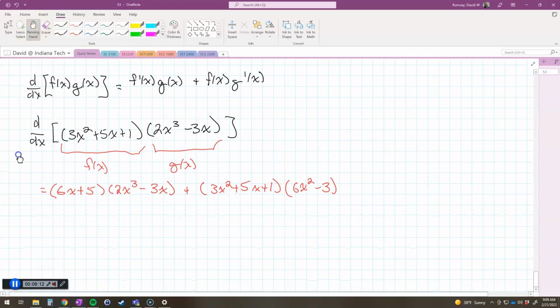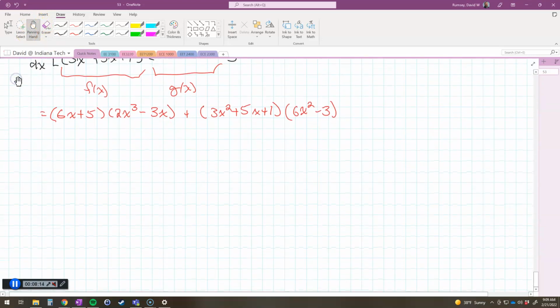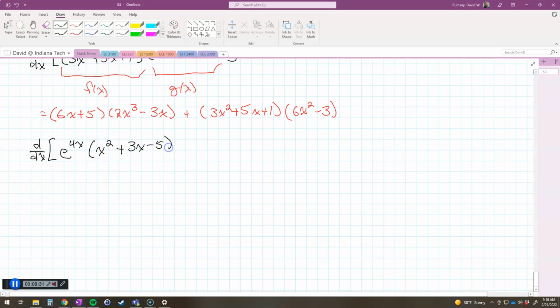But let's look at a couple other examples of the product rule, because the product rule really comes into play when you have something like this, where you have the derivative with respect to x of e to the 4x times, like for instance, let's say just x squared plus 3x minus 5. Okay, so in this case, we still have an f at x and g at x.